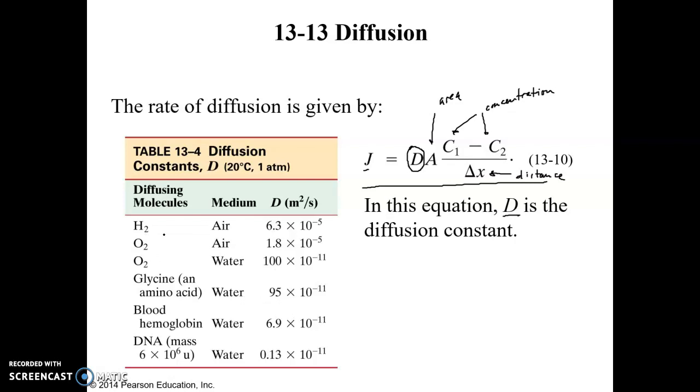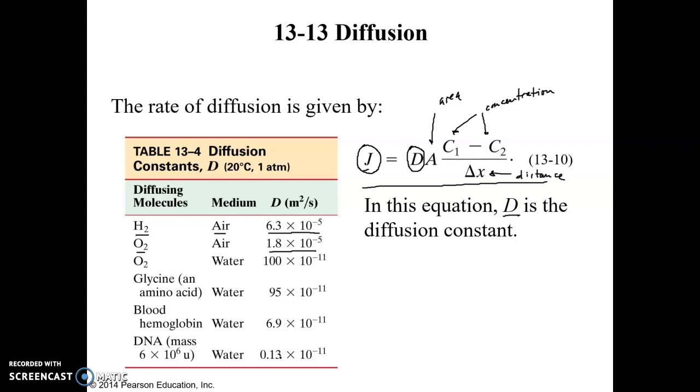So for air, let's say the medium is air and the diffusing molecule is hydrogen. Look how quickly it diffuses compared to oxygen. Oxygen is a bigger, heavier molecule, so it's going to have a lower diffusion constant, which means it's going to have a slower diffusion rate.